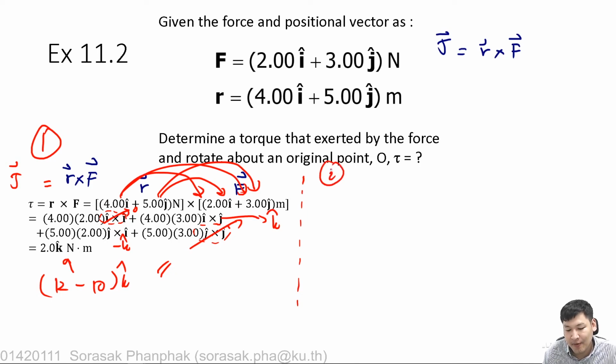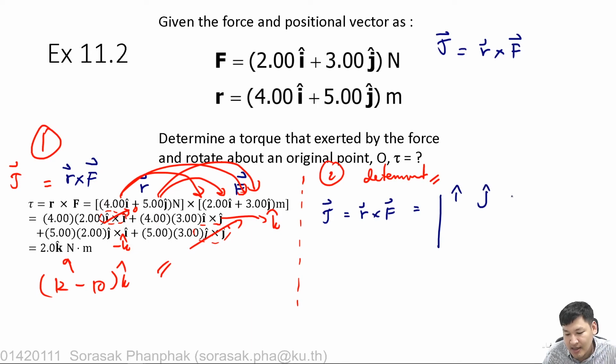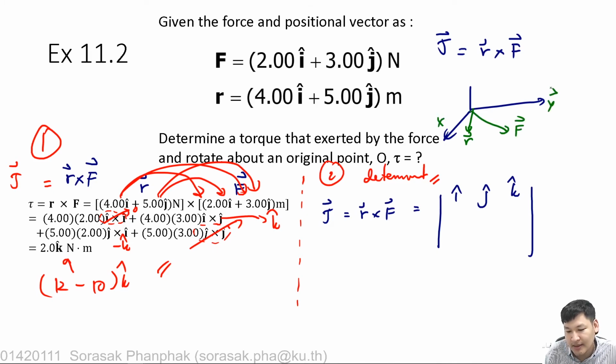How about the second method? We can use determinants to find out about the torque. So let torque equal R cross F, and then we have i, j, k. Remember, even though this system has only 2 dimensions, the cross product is going to be in another plane. These R and F are only in the XY plane, right?